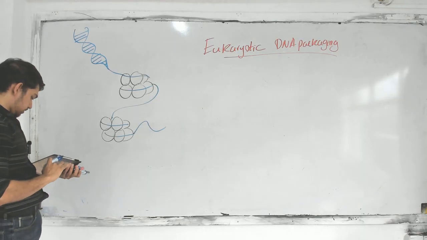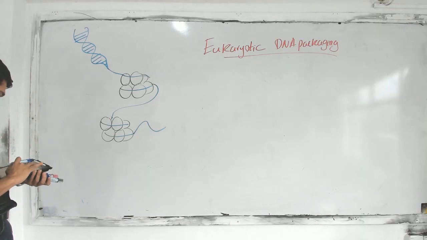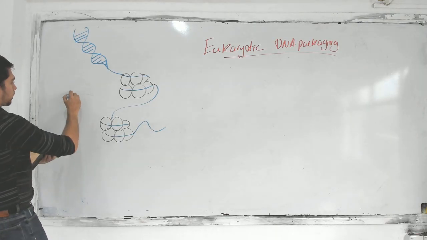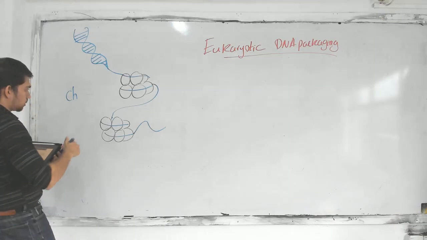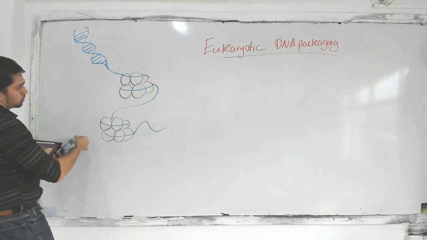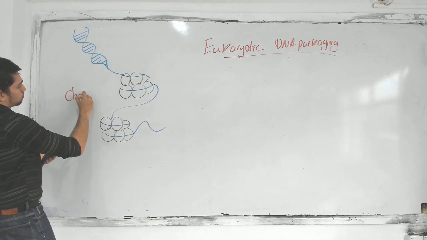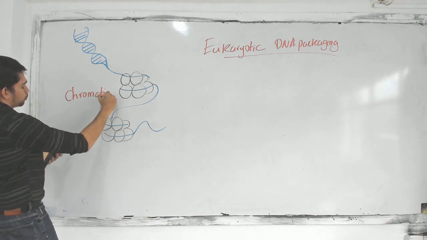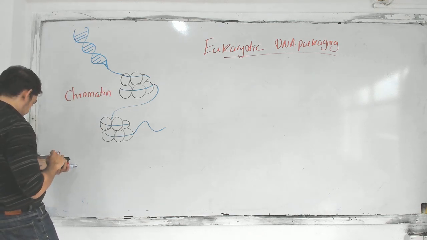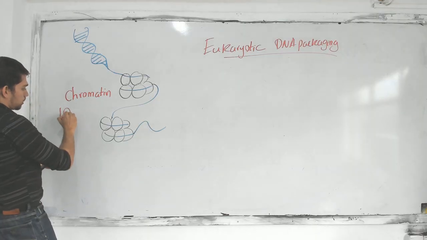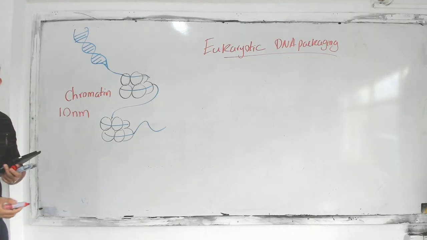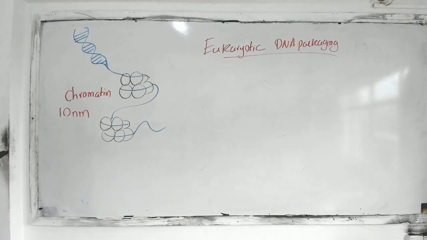This is what we call the first level, or chromatin. Well, use a different color. Right? This is chromatin. What is the usual size of a chromatin fiber? 10 nanometers. 10 nanometers chromatin size.